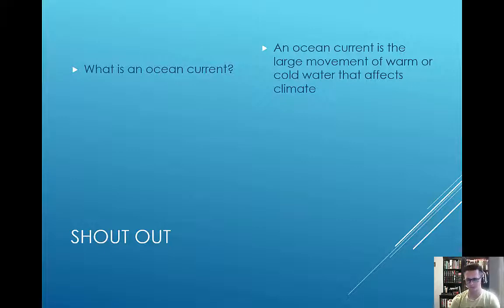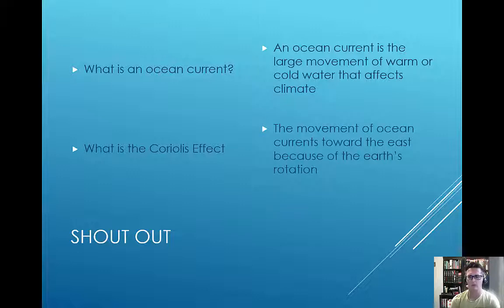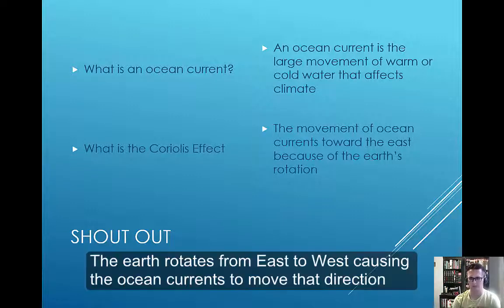If you wrote something else similar to that, that is also good. Also, what is the Coriolis effect? If you wrote the movement of ocean currents towards the east because of the Earth's rotation, you'd be correct. The Earth is turning in one direction, causing the water to turn that same way.